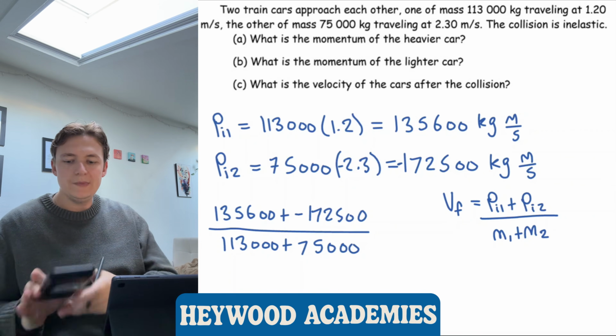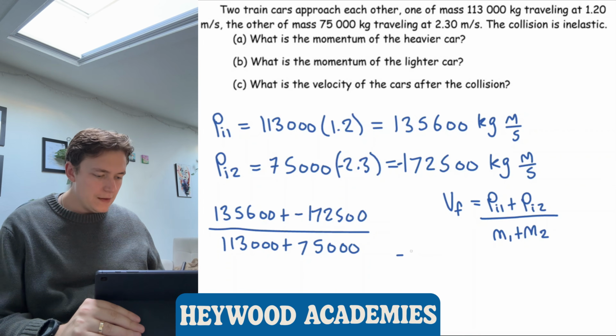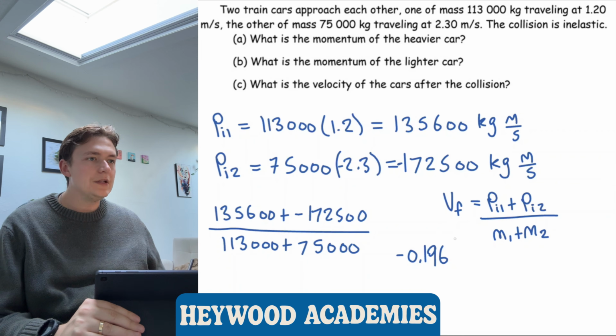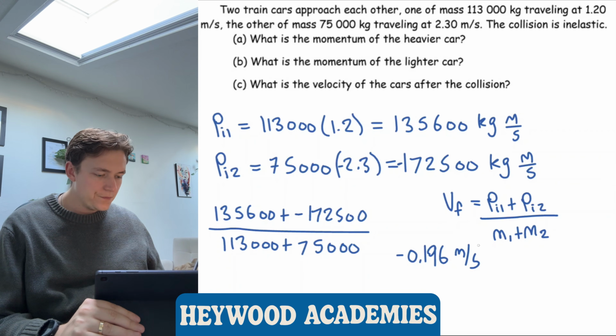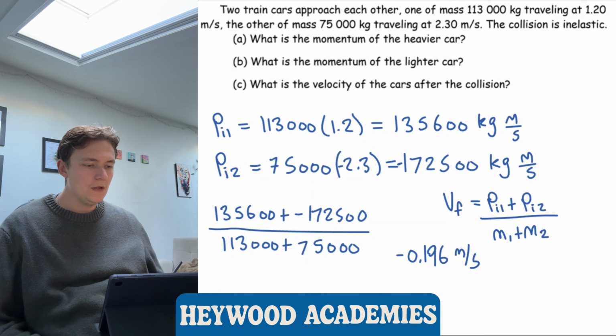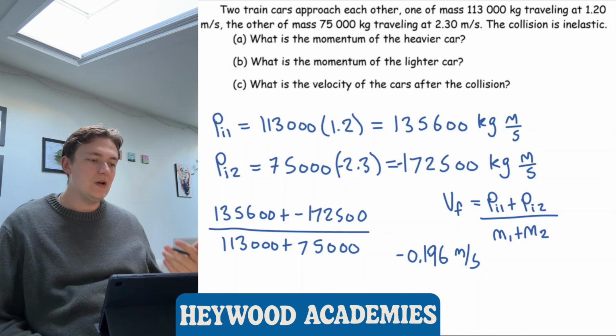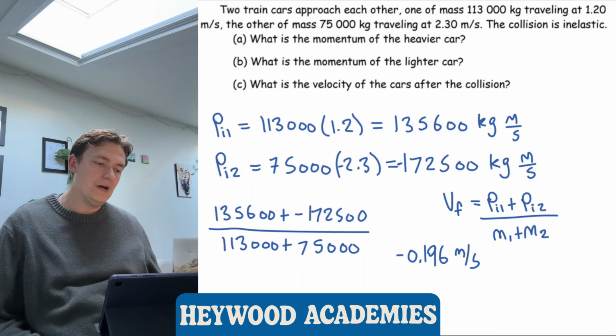Okay, now let me plug that in and get our final answer. Okay, negative 0.196 was the correct final answer. Okay, so that's our final velocity. And we got a negative here, so that just means that our final velocity, what ended up happening was we were moving to the left with our final velocity.